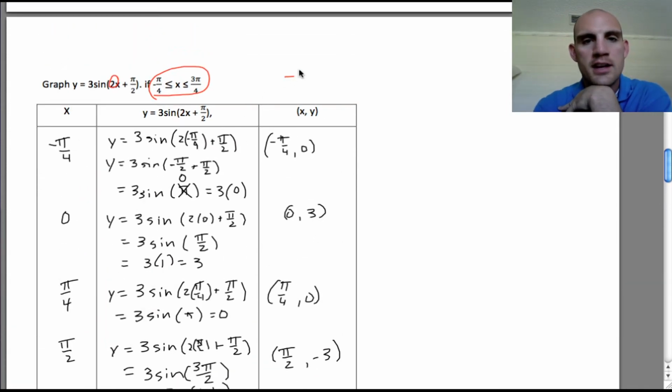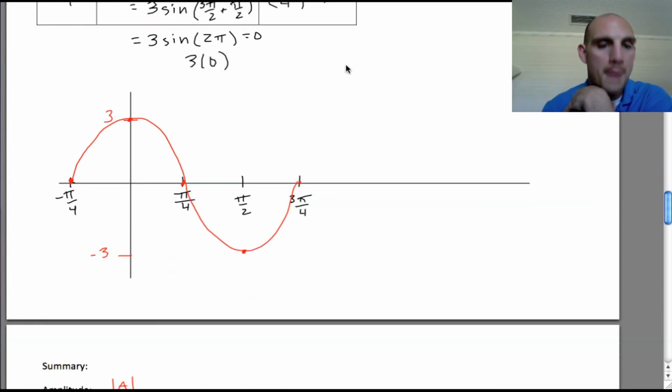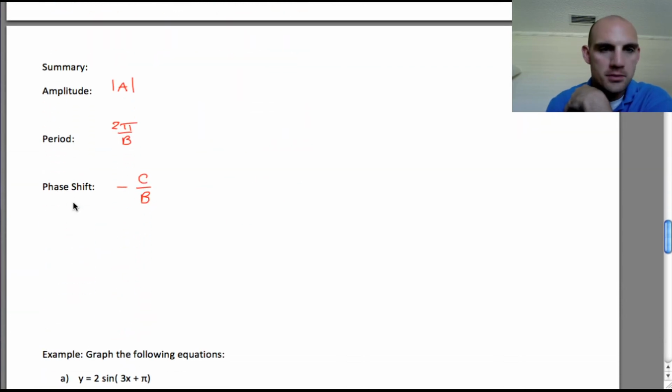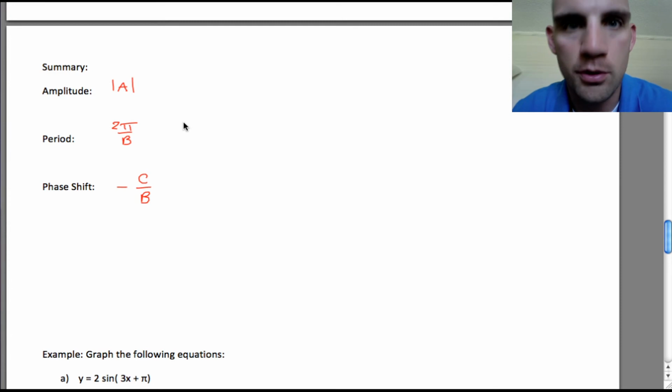Negative C, so negative pi over 2, divided by 2 is going to be equal to negative pi over 4. Negative C over B. Did it work out? Yes, we went back pi over 4. That was our phase shift. And so in general, this is what it's going to look like. Here's the summary. Know this. You need to know this.